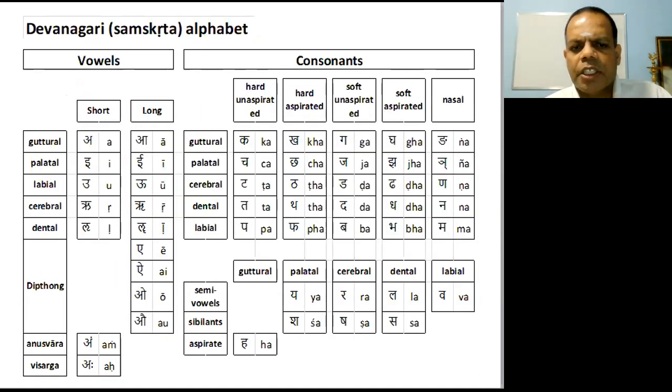So for example, Visarga is this aha, okay? Whereas this is the ha. This ha is actually a consonant, whereas this is a vowel sound. There's a lot of difference.